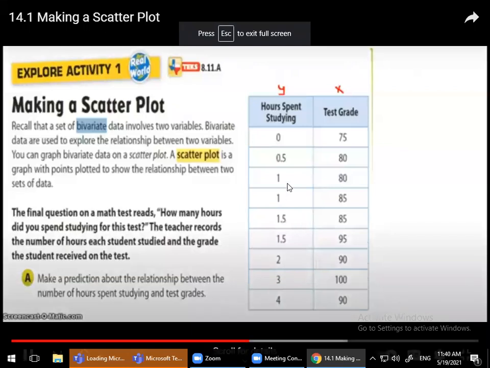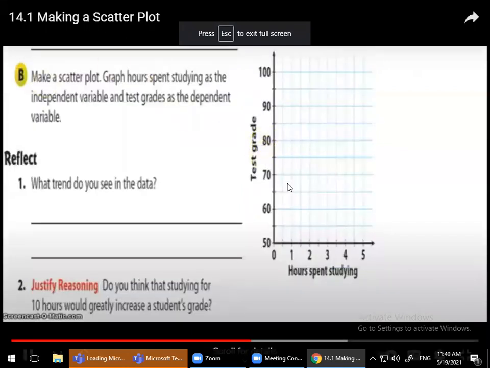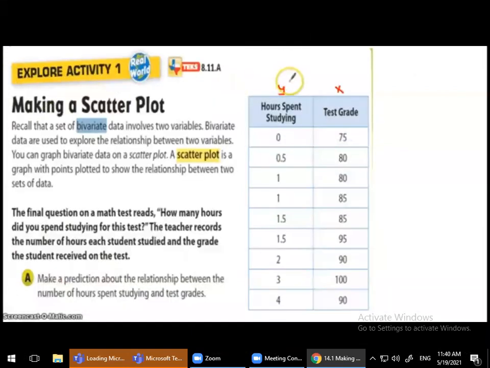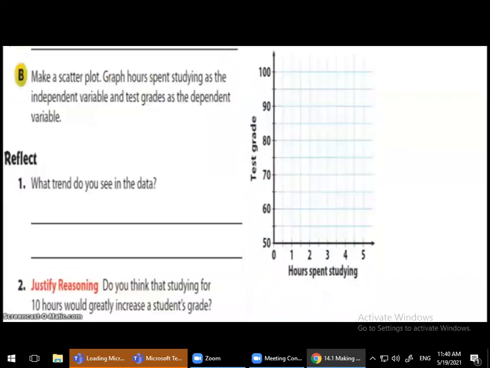If we look at the way the graph is set up, we should have, according to what the author said, the test grade on this axis.